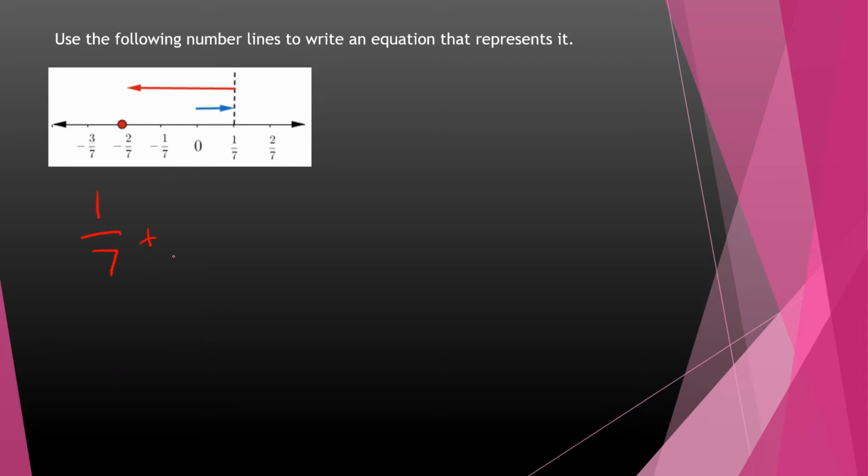And then I'm going to put a plus sign. And now this red arrow, I have to count how many times it moves backwards. So notice it's starting over here and it's going to go backwards 1, 2, 3 times. So it's going backwards 3 times, but notice that my number line is going by 1/7. So this would be negative 1/7, negative 2/7, negative 3/7.